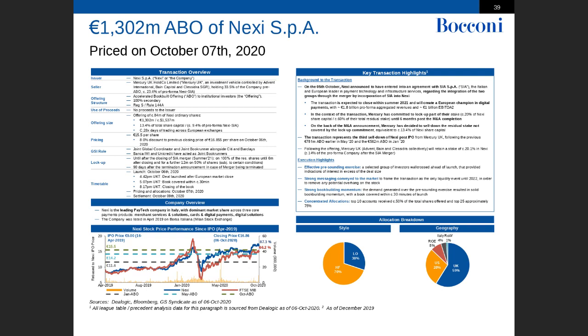In order to have the credit on the league table, you need to have the title of joint book runner, which means you are entitled to run the creation of books. You control the book.